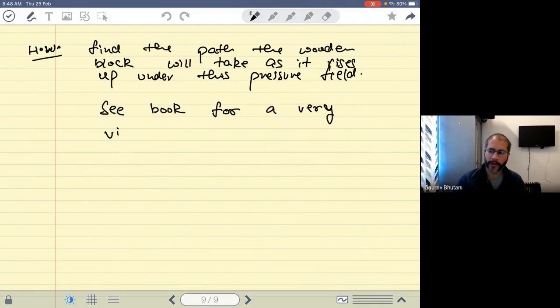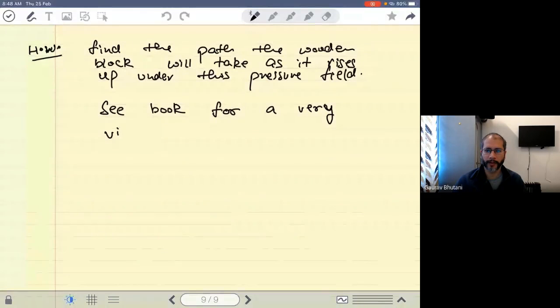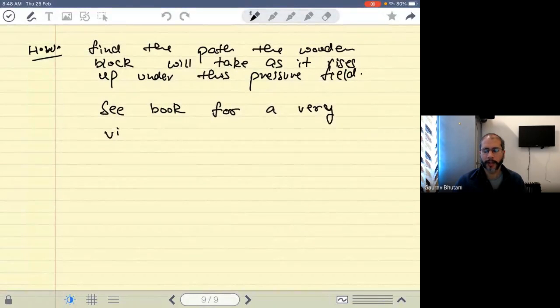Experiments have been performed where some colored particle was kept, and long exposure photography was used to see the path this tracer particle took. So this is experimental visualization of finding out the tracer paths.